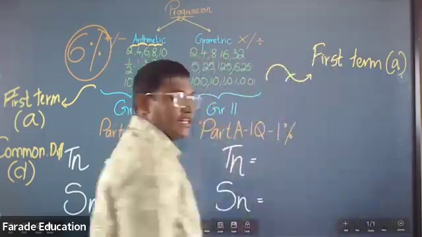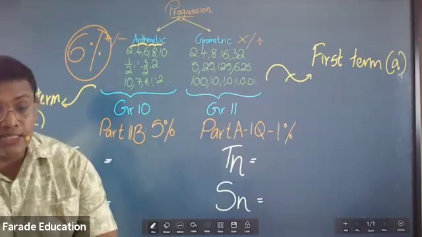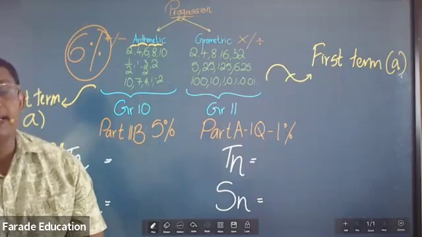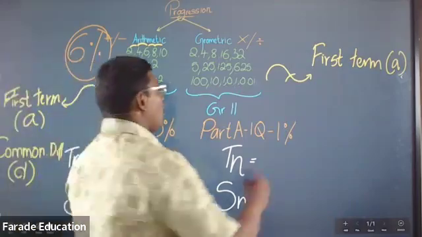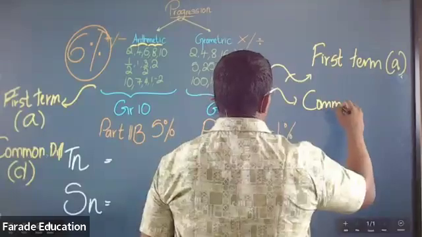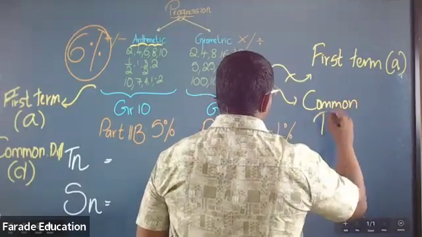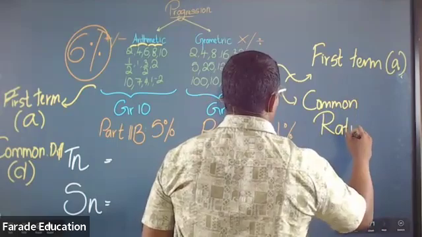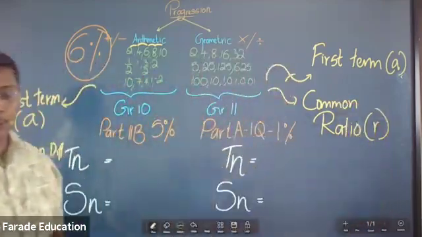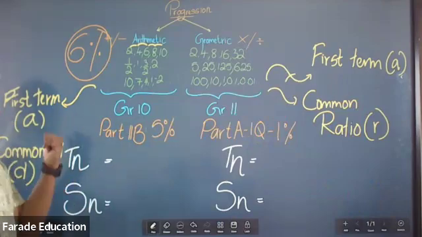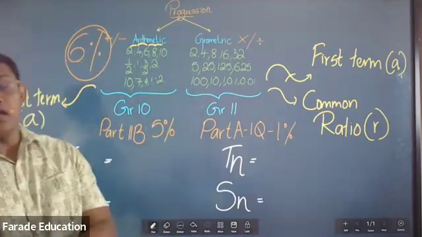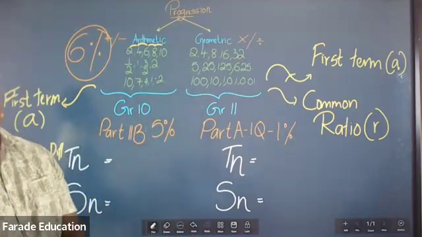Here it's connected with multiplications and divisions, so we can't call it a difference. We call it a common ratio, which is denoted simply as R. This is common difference in arithmetic progression. Geometric progression is common ratio.